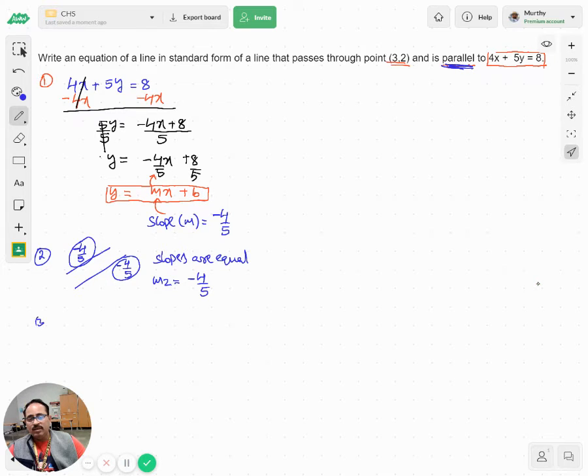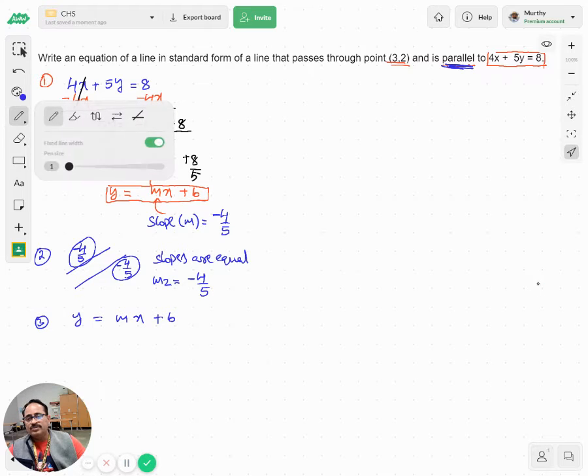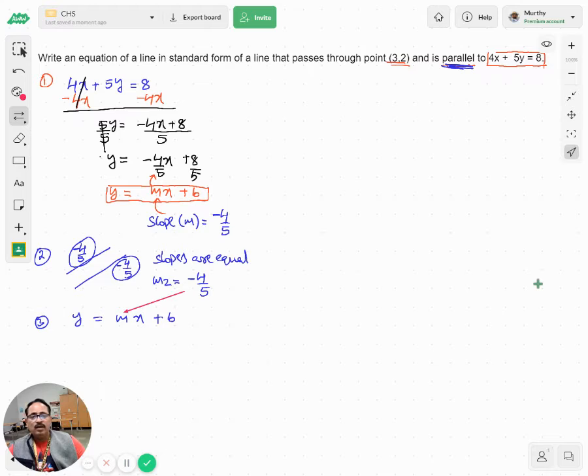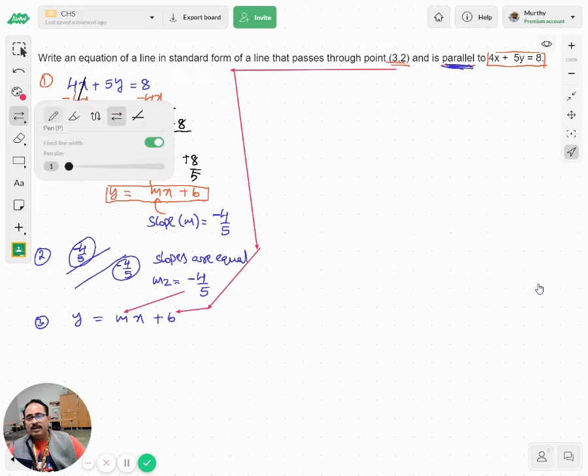Now, in third step, let me write in the slope intercept form y equals mx plus b, and this time what I am doing is taking the slope value and substituting here, and bringing the x value and y value to substitute in the place of x and y.